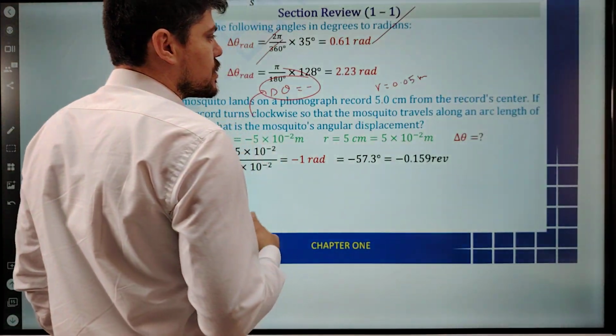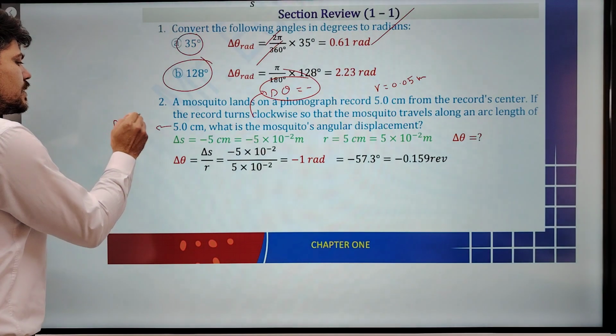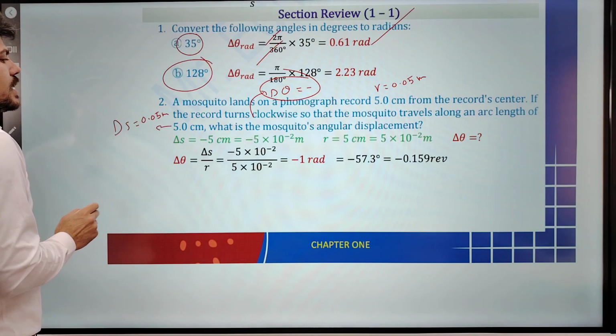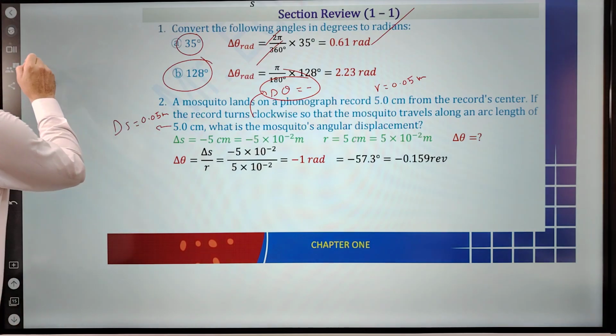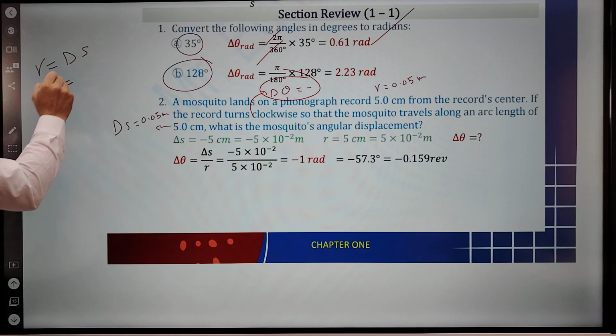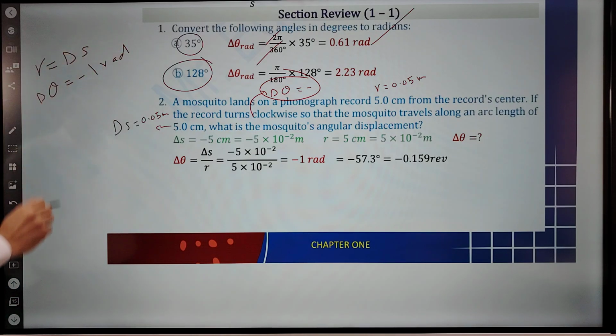The mosquito travels along the arc length, which is equal to 0.05 meter. In the case when R is equal to delta S, theta is equal to 1 rad.